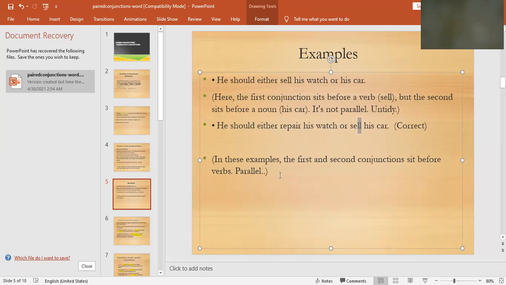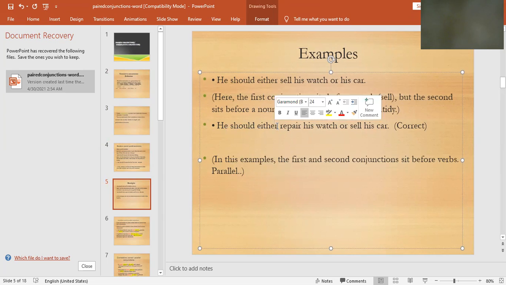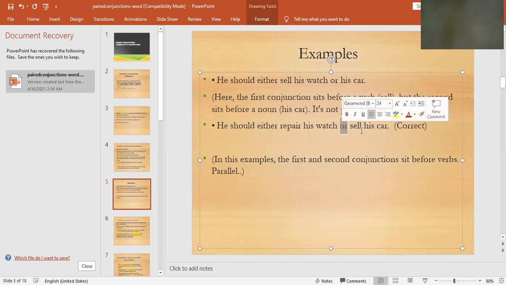In this example, the first part of the conjunction, either, and the second part, or, sit before verbs.